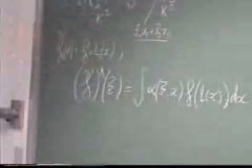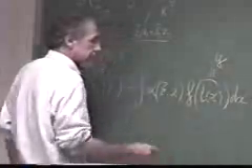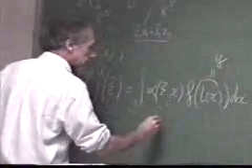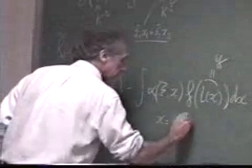What do you want to do in order to compute it? Of course, you set L(x) equals y, and then provided L is invertible, x is equal to L inverse of y.